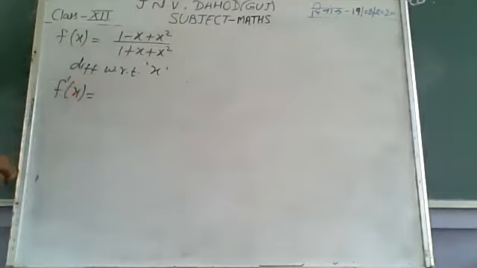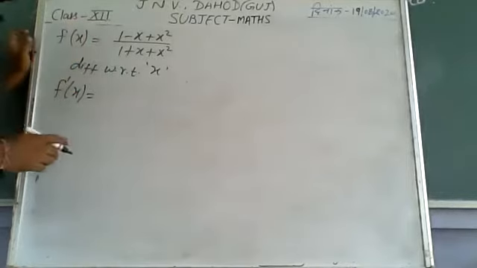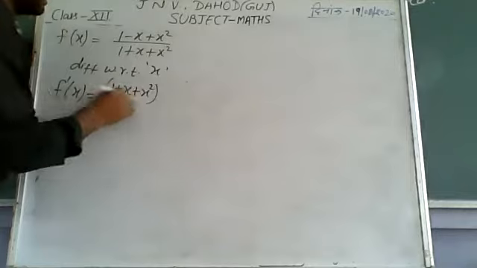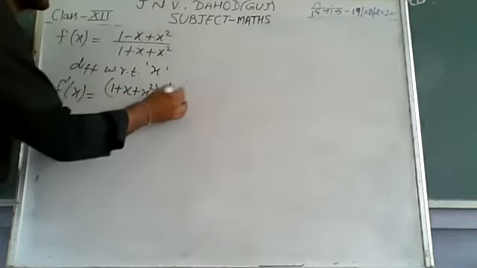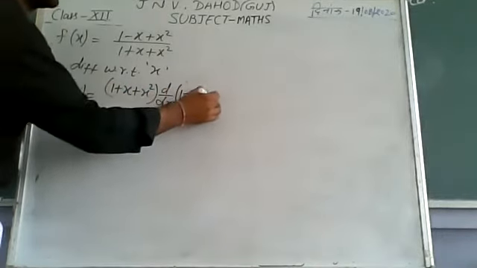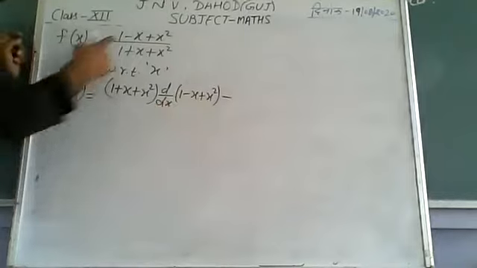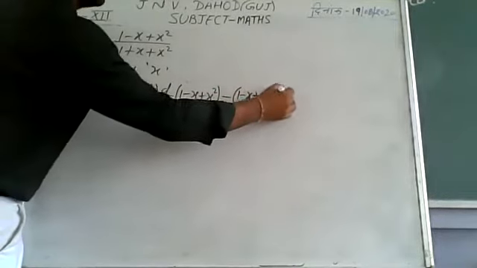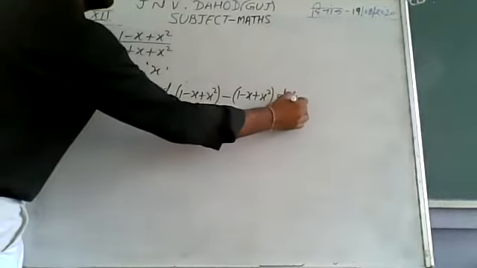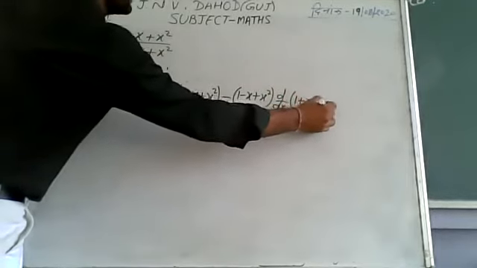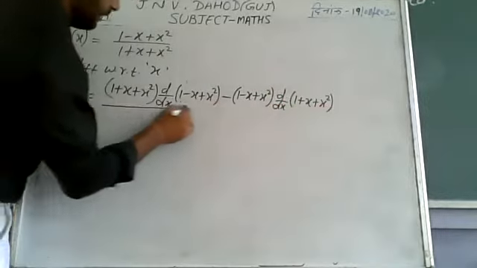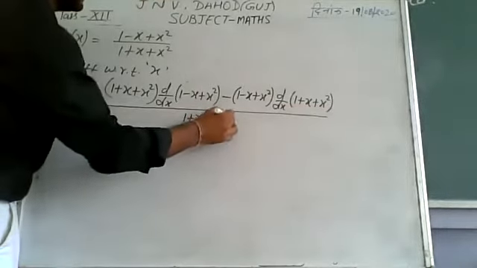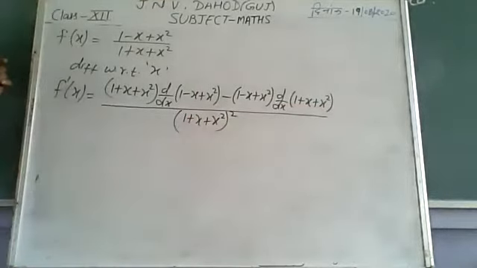So rational function u upon v, quotient rule: v remains the same, and the derivative of u, d upon dx of (1 minus x plus x square), minus u remains the same, (1 minus x plus x square), and the derivative of v which is (1 plus x square), divided by whole square of the denominator, which is (1 plus x square) whole square.